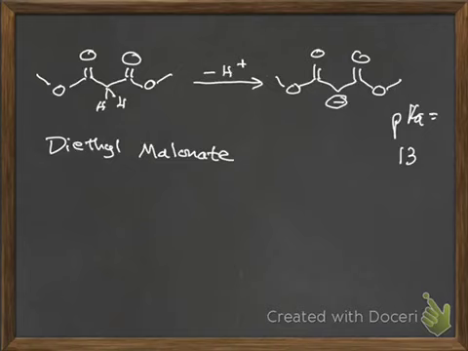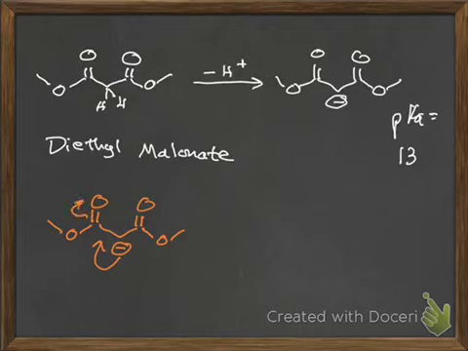Now, why would this be so much more stable than the other ester on the previous page, which came in at about 25? The answer to that comes from the fact that you've got two carbonyls through which you can do your resonance.